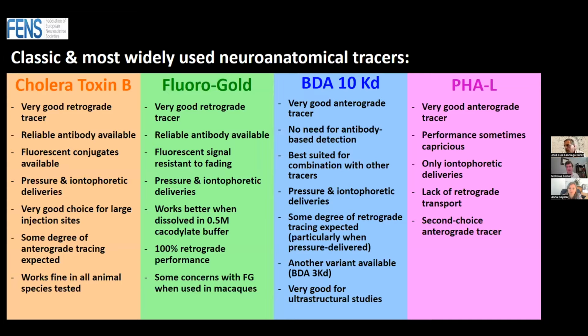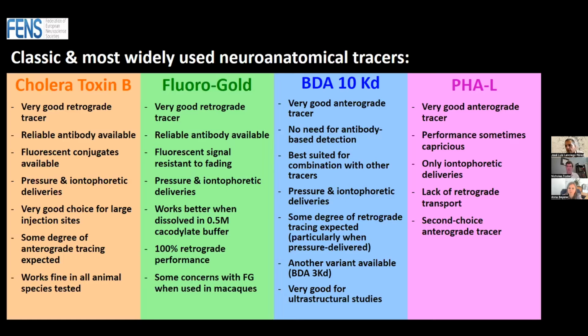For anterograde tracers, you have two main choices. Biotinylated dextran amine, BDA, introduced in 1990 by Wouterlood and Tony Reiner as a very good anterograde tracer. One of the main advantages of BDA is that the tracer in itself is already biotinylated, meaning that there's no need of using antibodies to stain for BDA.